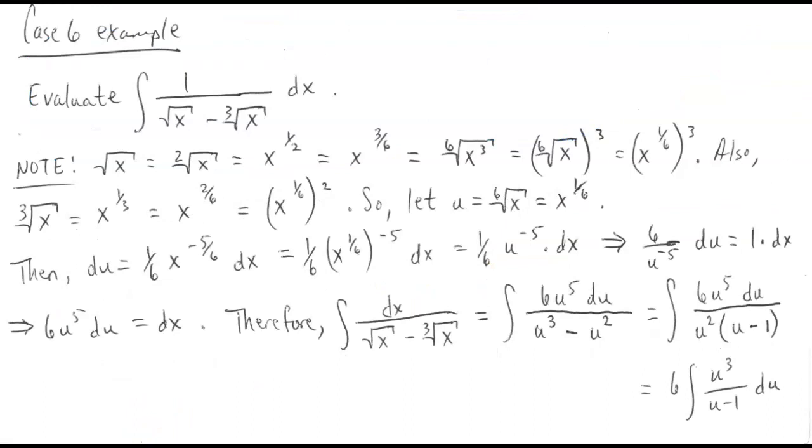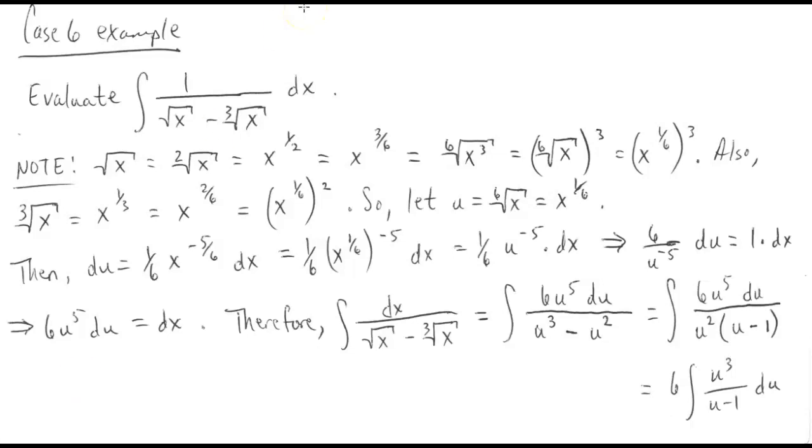All right, so for our very last example, this is a case 6 example. The case 6 types of integrals are the ones that actually have radical expressions in the terms. Part of the reason this is a part of partial fraction expansion is that our goal is to take these radical expressions and do substitution on them, so that we turn our integrand from fractions with terms containing radical expressions into something that looks like a polynomial in the numerator and denominator.